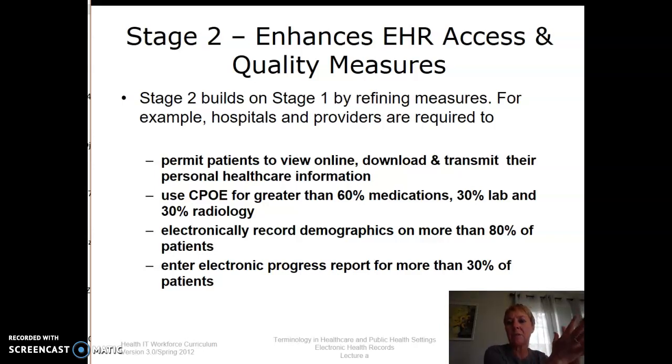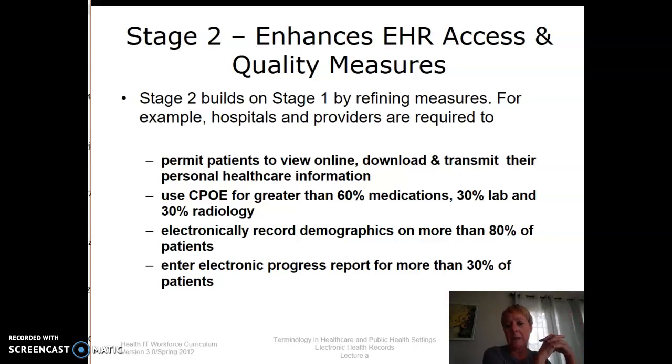So can patients view online, download, and transmit their PHI? Did they use computerized provider order entry, or CPOE, for more than 60% of medications, 30% of lab, and 30% of radiology? I'll tell you, this has been a godsend, because it used to be if you went to a provider and they had to get you a medication, you got the piece of paper, you went to the pharmacist, you had to wait.